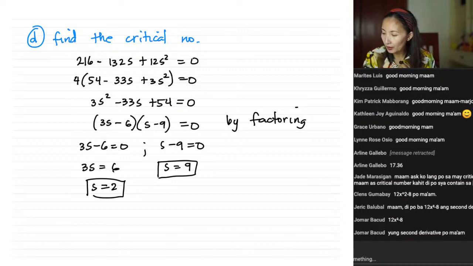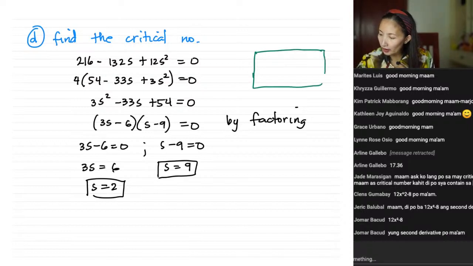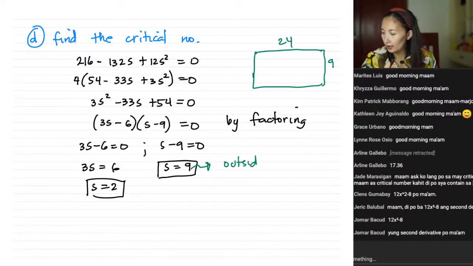However, take note that the dimensions of our cardboard is only 24 by 9, which means this is outside already. It's outside the interval. Remember the point raised by Jade?